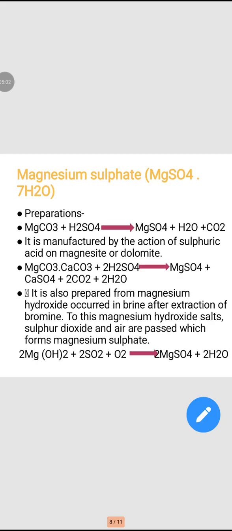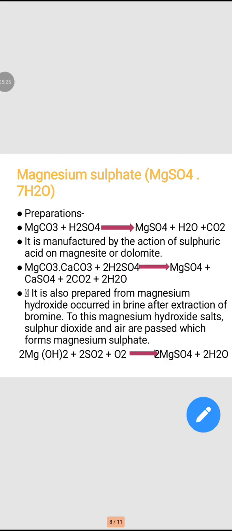Then third method: it is also prepared from magnesium hydroxide obtained from brine after extraction of bromine. The magnesium hydroxide is reacted with sulfur dioxide and air, which forms magnesium sulfate.